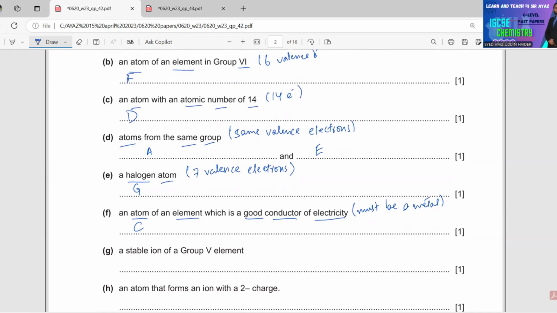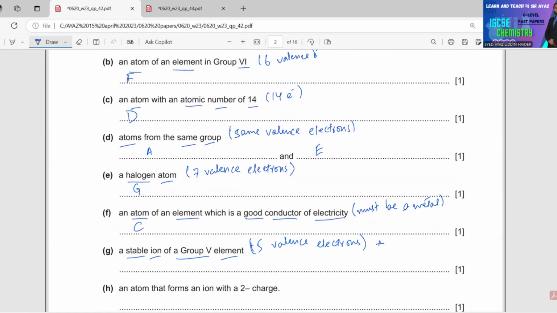G, a stable ion of a group 5 element. Group 5 elements, they have 5 valence electrons. So if you form a stable ion of this group, it must be gaining 3 more electrons.